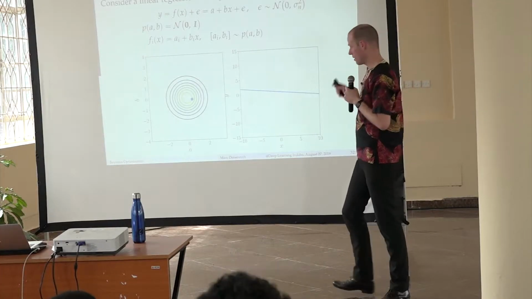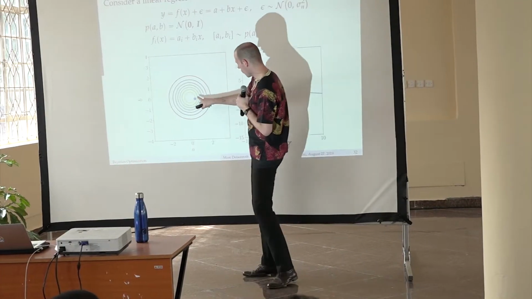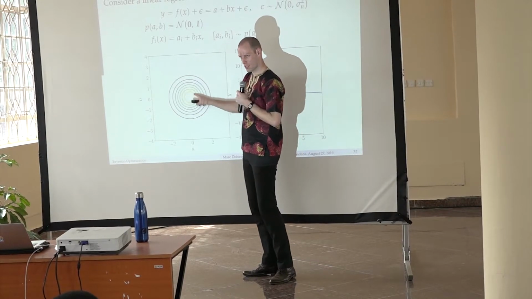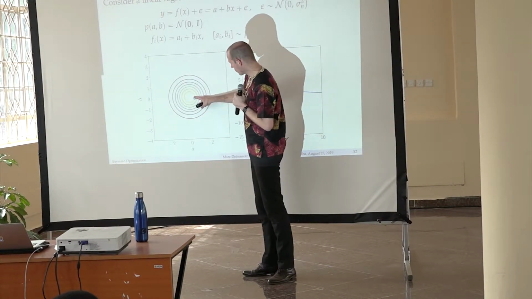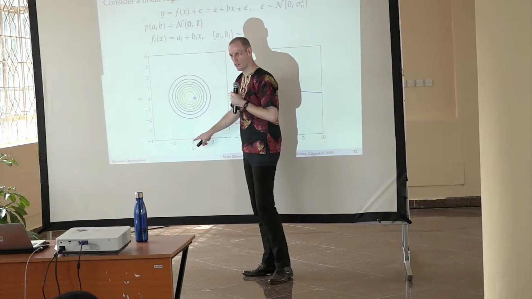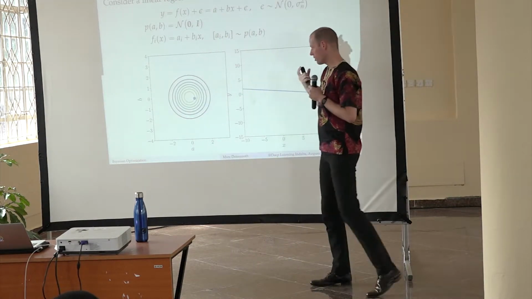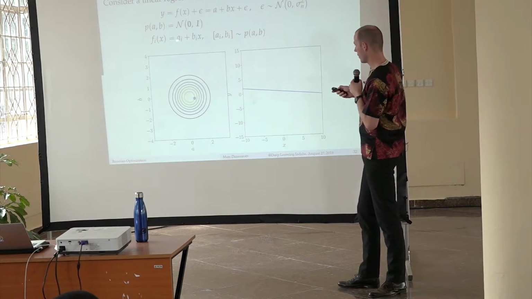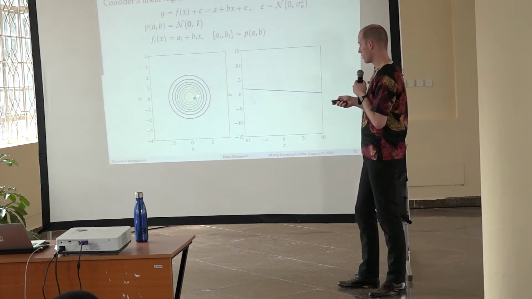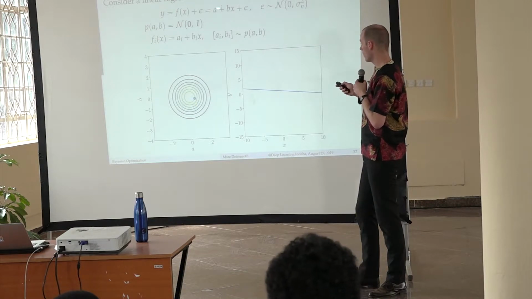So now I can sample from this distribution, and sample means I'm going to choose one point from this Gaussian distribution. So this one point corresponds to one value of A and one particular value of B. If I now use a_i and b_i, the coordinates of this point, I can plug them in here.